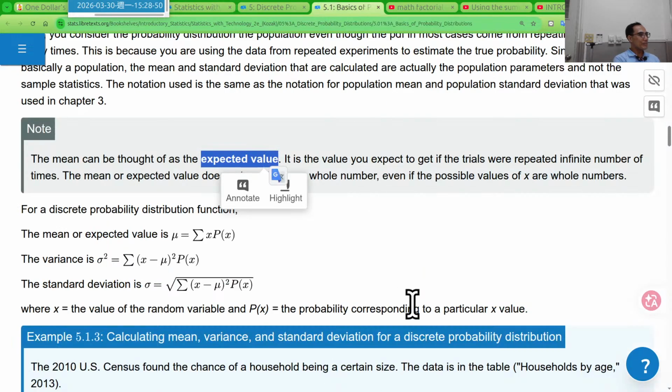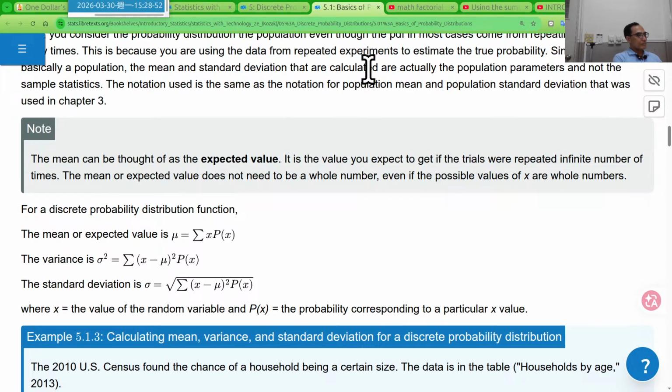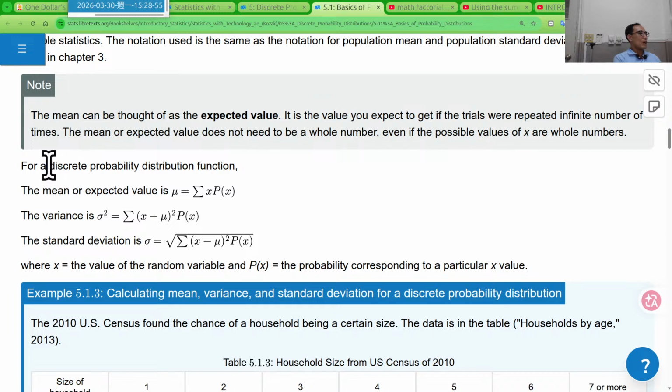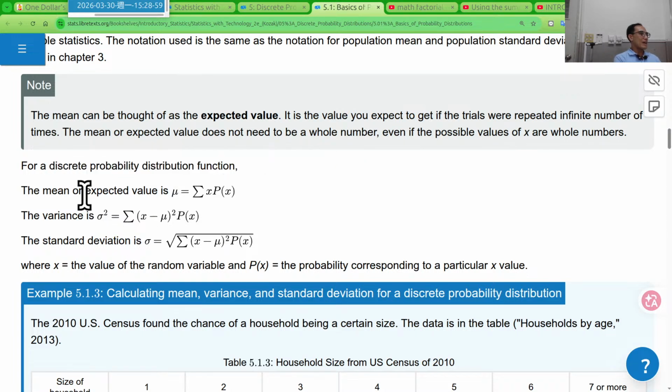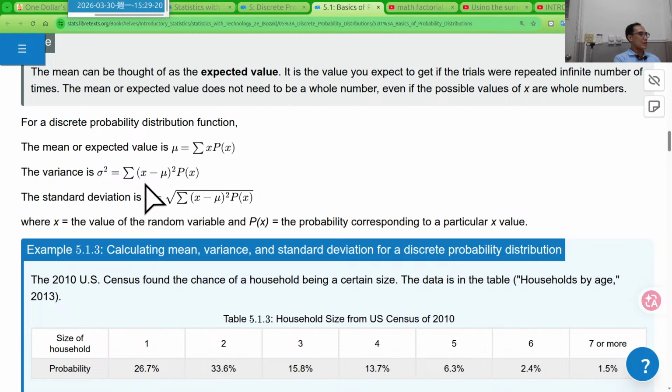Let's come back here. For a discrete probability distribution function, the mean or expected value is mu. Mu equals the summation of x times the probability function, and the variance sigma squared is the summation of this one. The standard deviation is the square root of that.